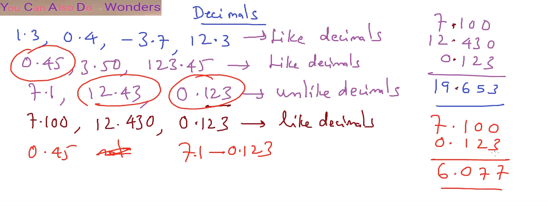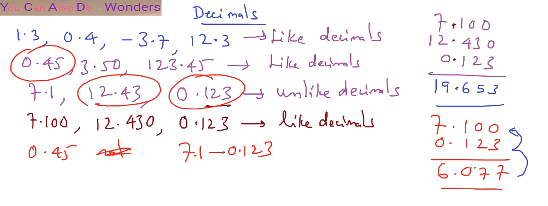So we can verify whether it's correct. Add these two. We must get this. 7 plus 3 is 10, so carry 1, 7 plus 1 is 8, plus 2 is 10, 0 carry 1. So 1 plus 1 is 2. So this is not right, there's a mistake here.